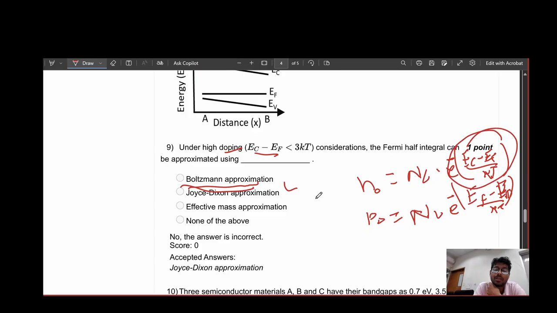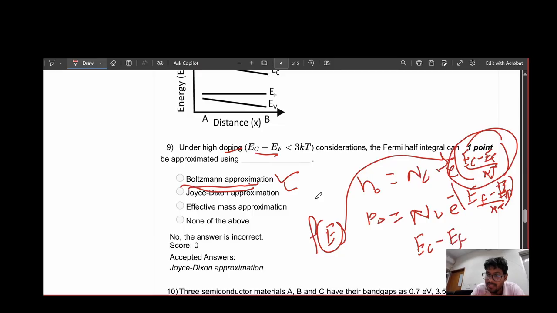We directly wrote F of E in this manner because of the Boltzmann approximation, and that holds only if EC minus EF is greater than 3 kBT. This is the gap between the conduction band, or valence band, and the Fermi level, and it should be greater than 3 kT.